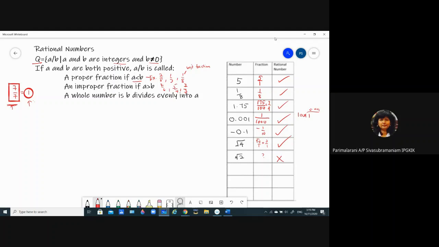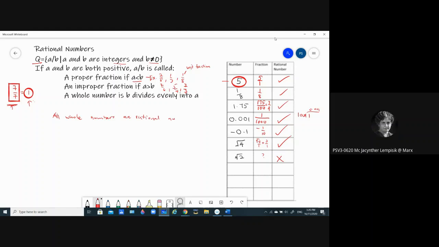So from this table, what can we deduce? What can we generalize? What kind of number is 5? A whole number, right? So what can we say about whole numbers? Can we say that all whole numbers are rational numbers?